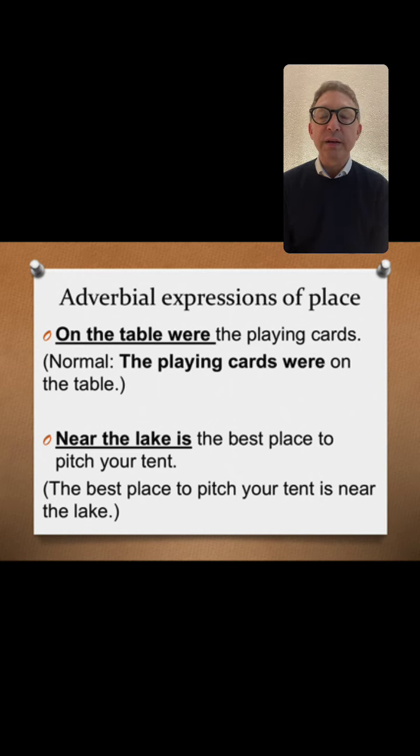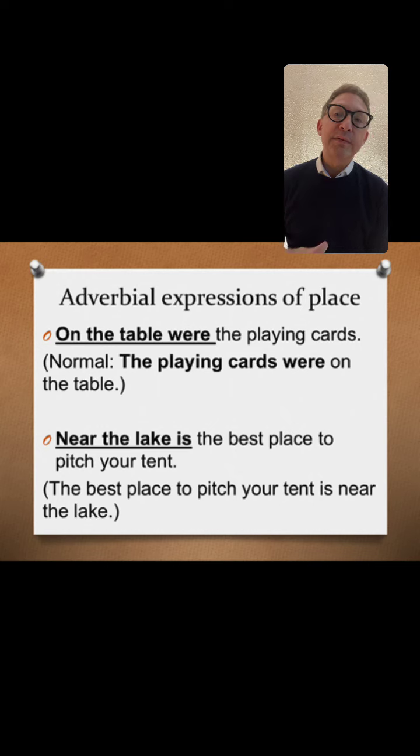I'm not sure you all use it very much, but again, these are more intermediate, upper intermediate, perhaps pre-advanced issues. Adverbial expressions of place. So we have these prepositional phrases that are adverbial in nature. Adverbs, of course, describe verbs and adjectives.